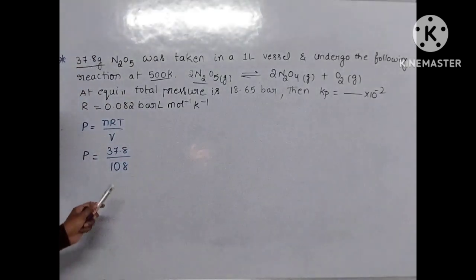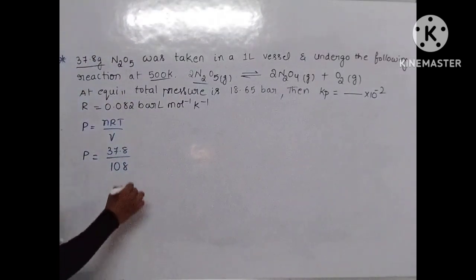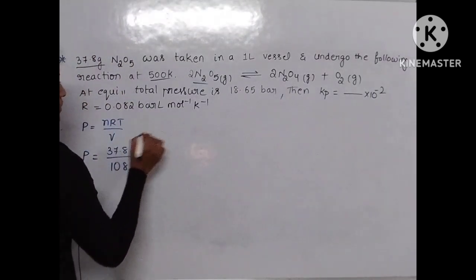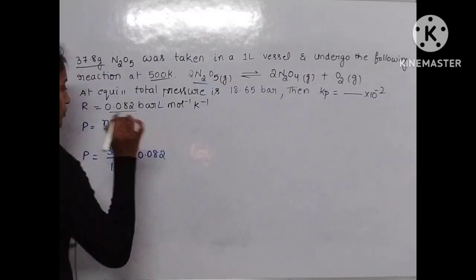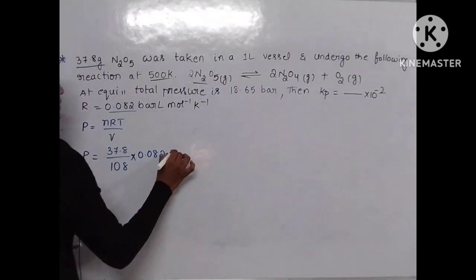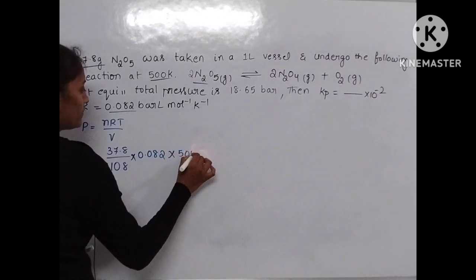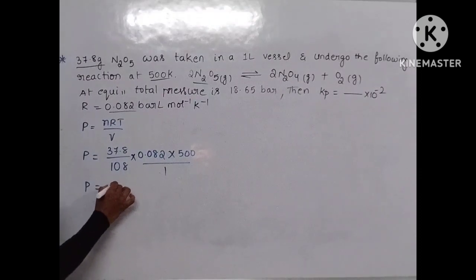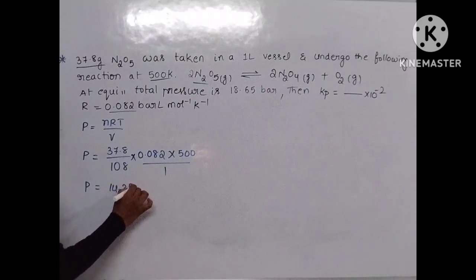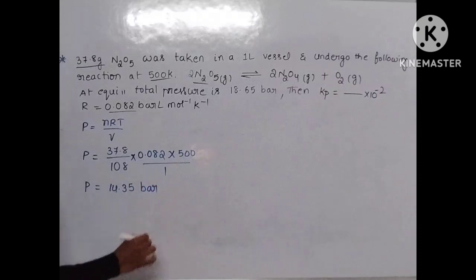Then multiply by the R value, already mentioned as 0.082, and the temperature is 500 Kelvin, upon volume of 1 liter. If you calculate this, you will get 14.35 bar pressure.